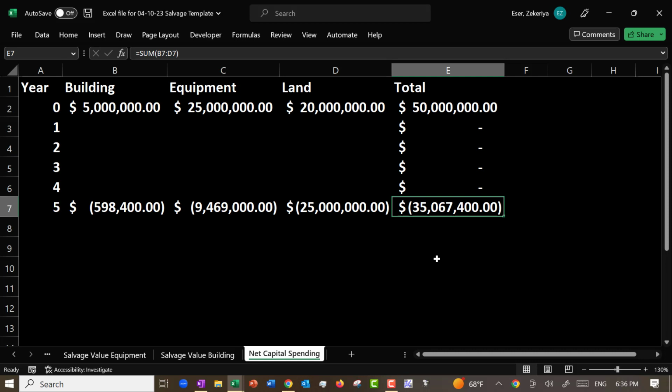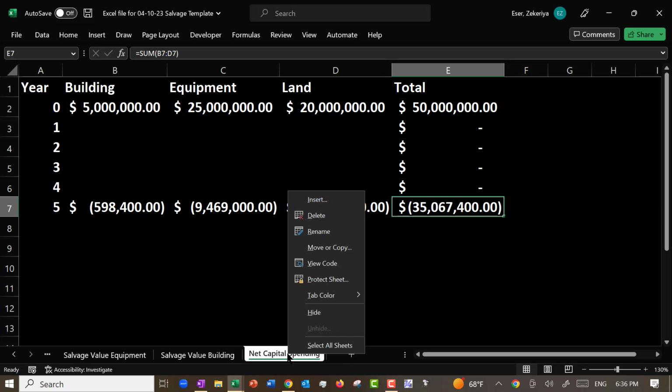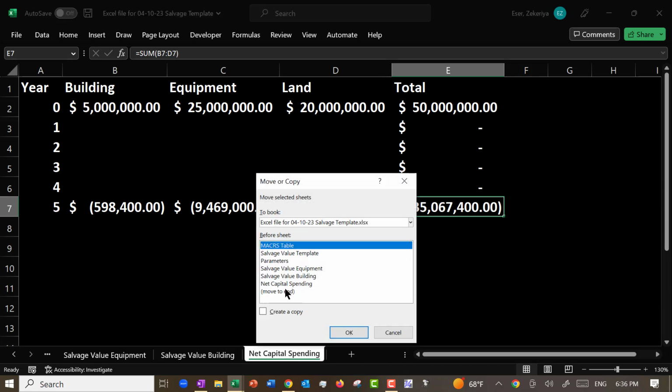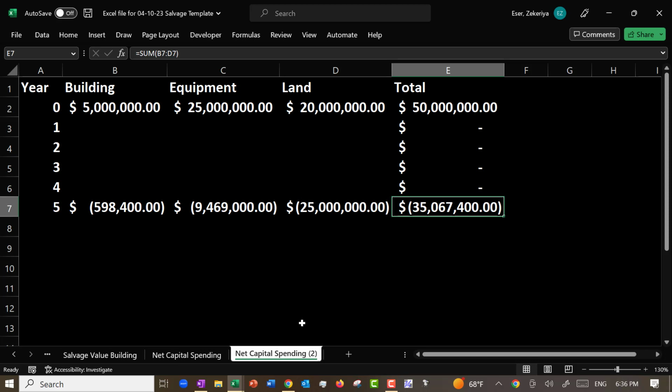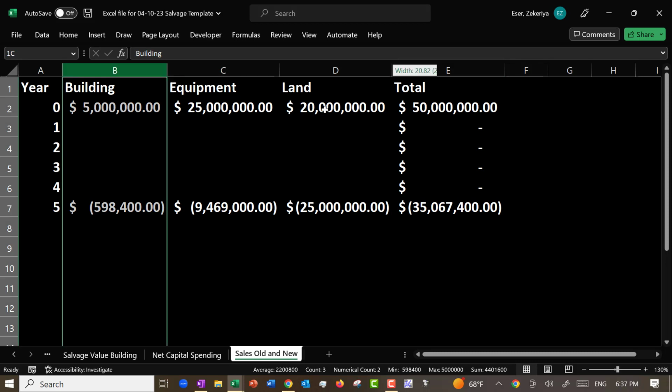Now let me move this into another sheet. Let's call this sales, old and new. I can do all of this in one sheet, but this is a little bit cleaner.